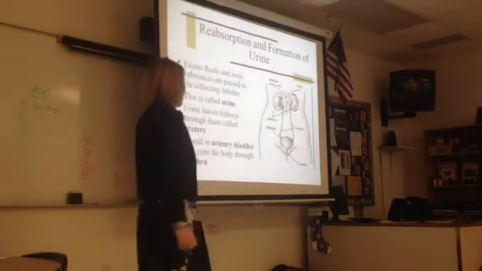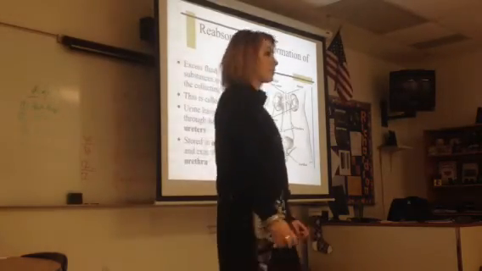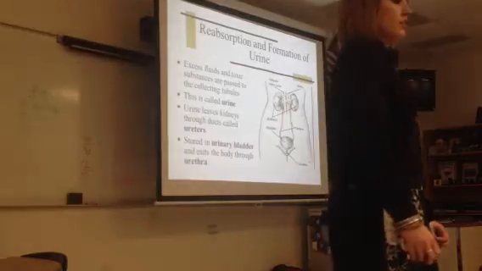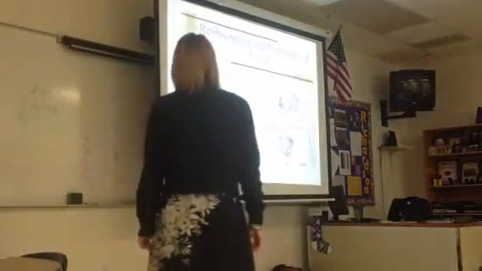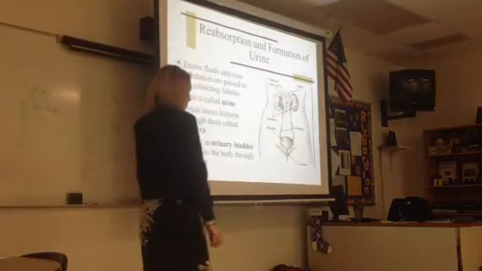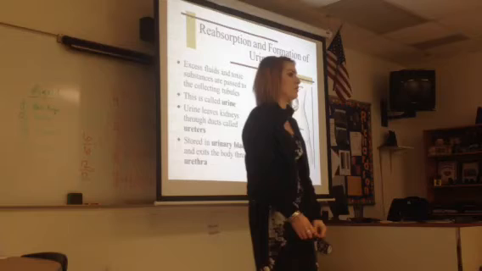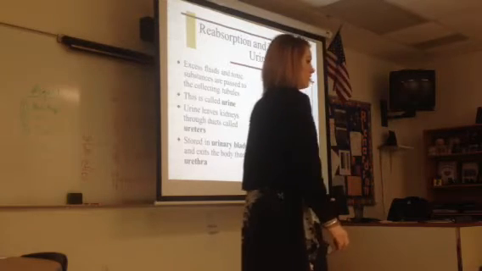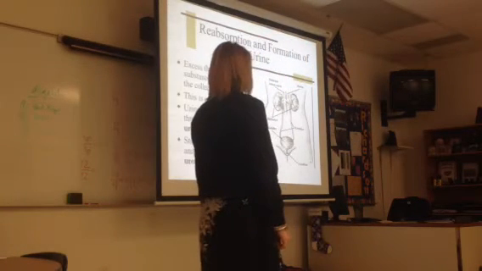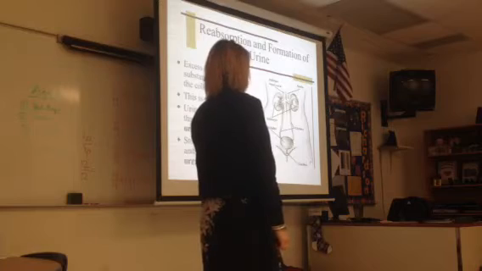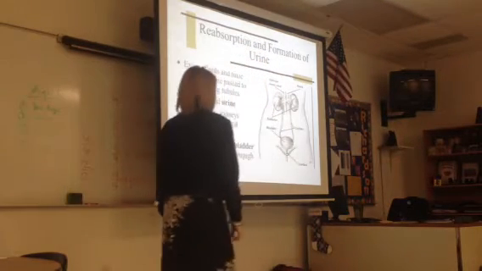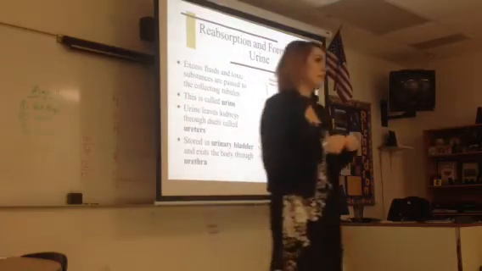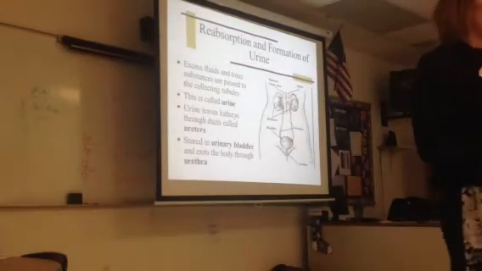Urine leaves the kidneys through ducts called ureters, is stored in the urinary bladder, and exits the body through the urethra, which is a long skinny tube at the end of your bladder. So the good stuff is reabsorbed and the bad stuff exits as urine through your bladder.